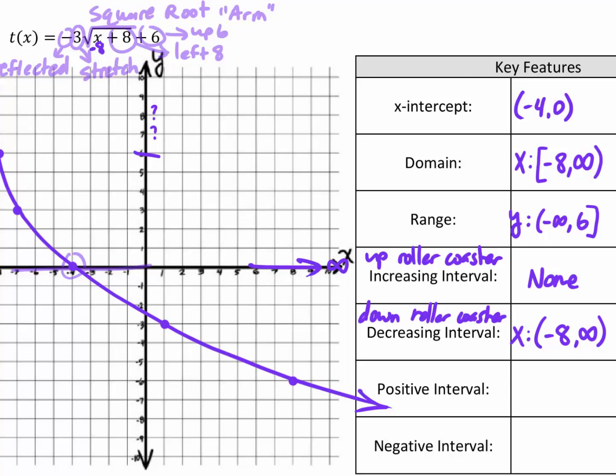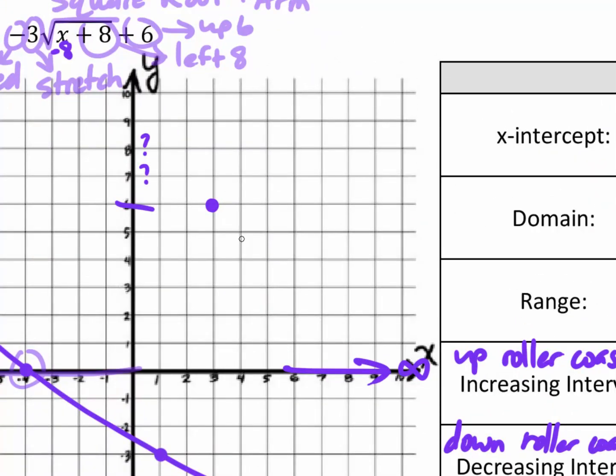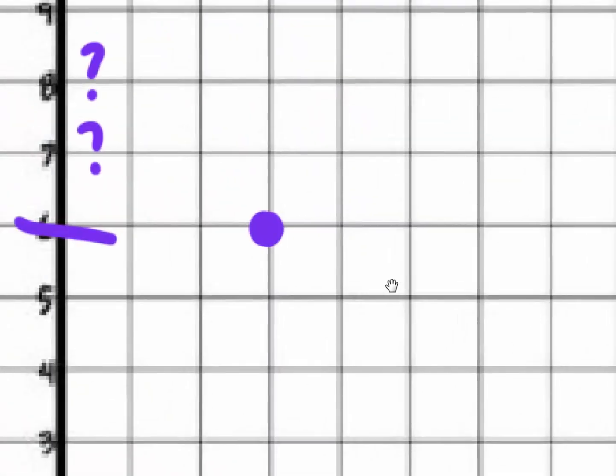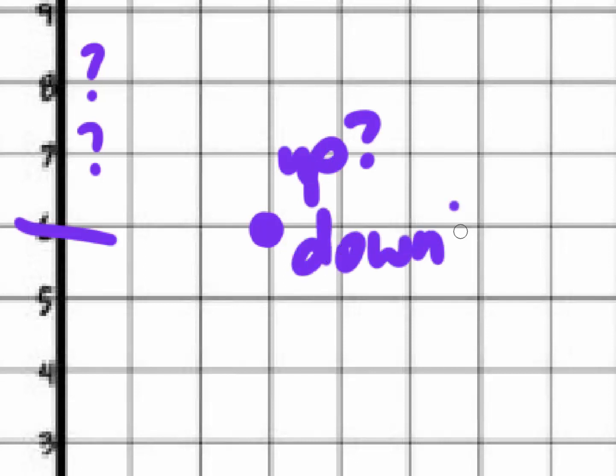here's why. -8 itself, that point, I don't know if I'm increasing or decreasing. If I just gave you this point and I zoomed in, if I just zoom in at this point, am I going up here? Am I going down here? Well, you don't know if you're going up or down because it's just a singular dot.